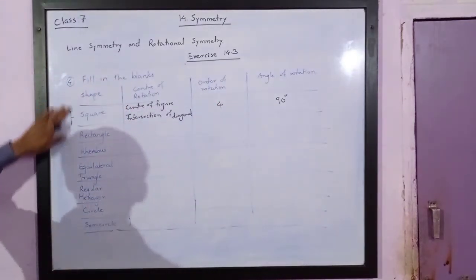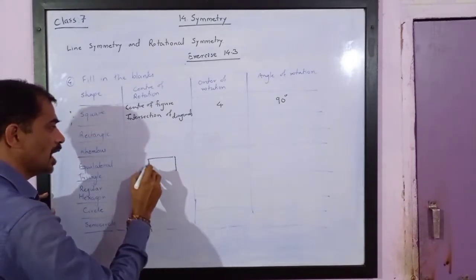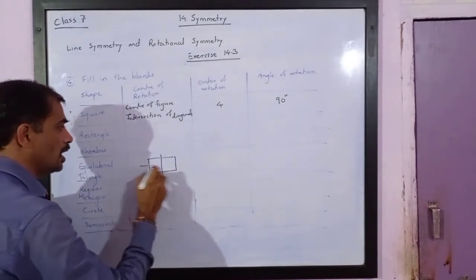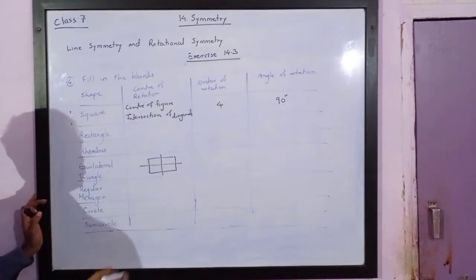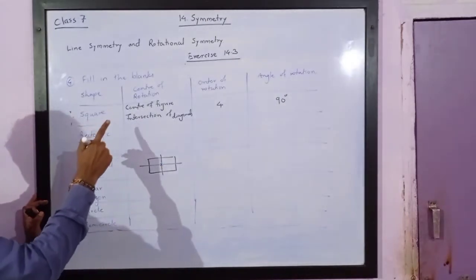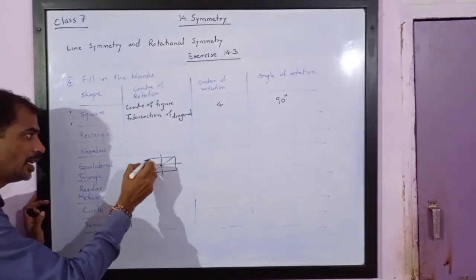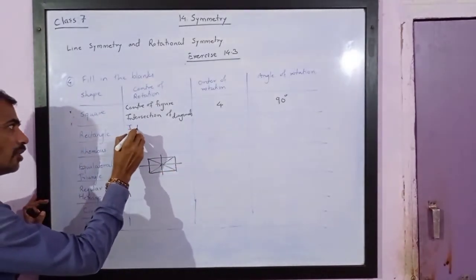Next is rectangle. Now see, in case of rectangle, opposite sides are parallel, equal, and here please note, it does have lines of symmetry too. So the center of rotation is again the intersection of the diagonals.